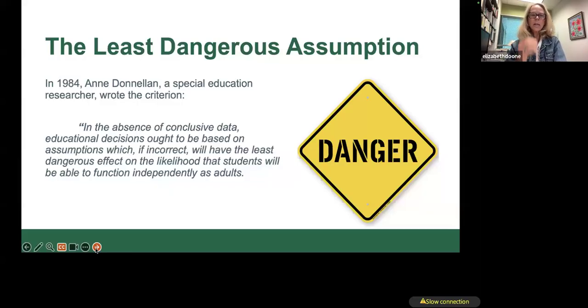This assumption is that in the absence of any conclusive data, educational decisions should be based on assumptions which, if they're not right, will have the least dangerous effect on the likelihood that students will be able to function independently as adults. I'd like somebody to unclick their mic and share out what they think that means.